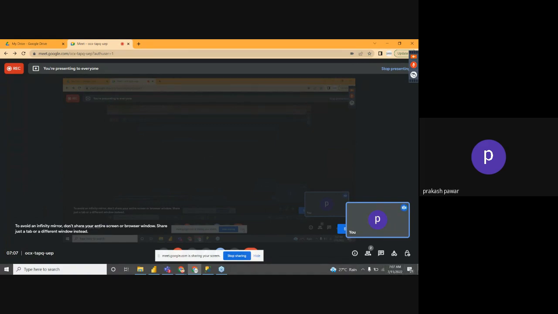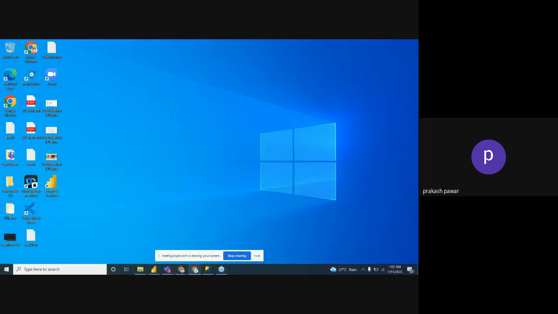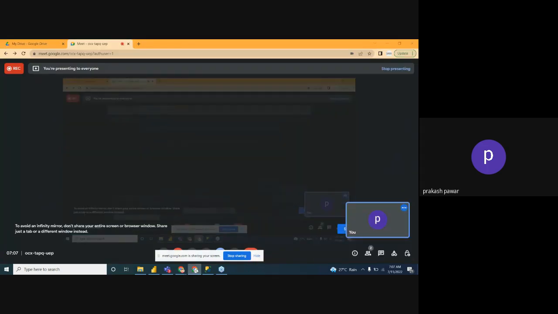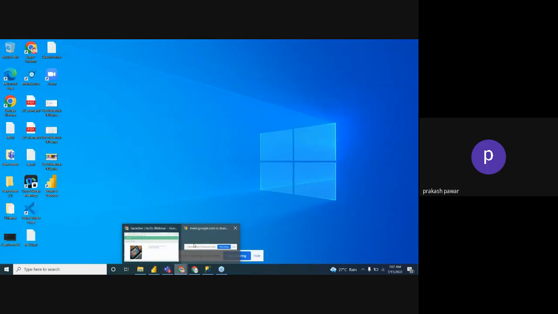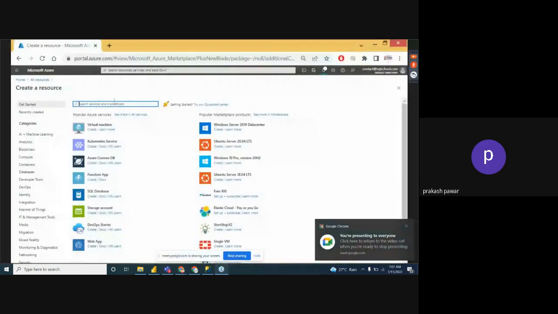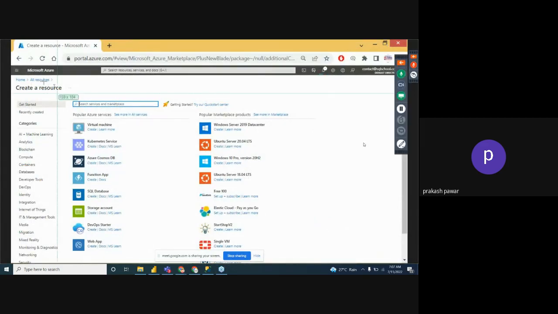So how to create? Click on create, this one. And just click on create resource.